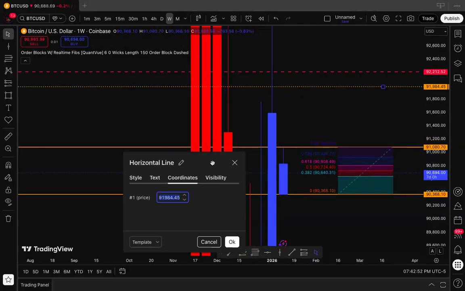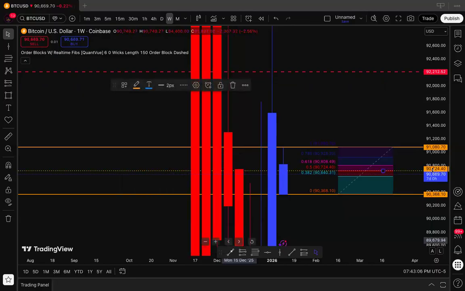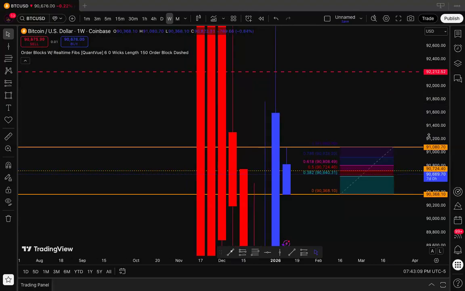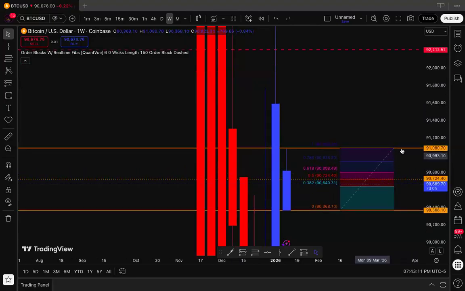Given a midweek level of support of 90,724.40. Actually, that's a resistance because it's below.